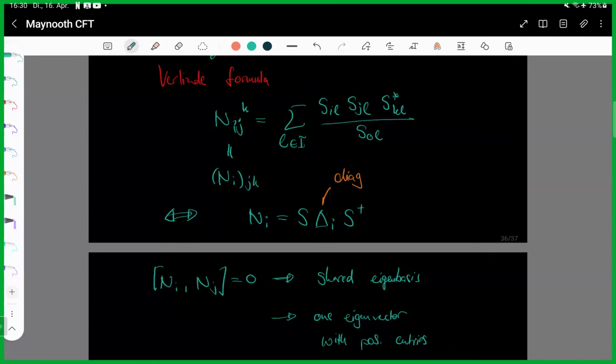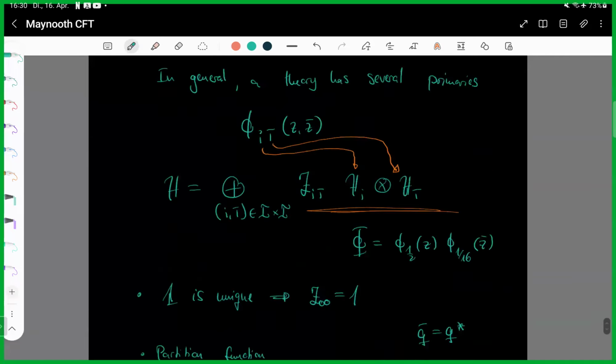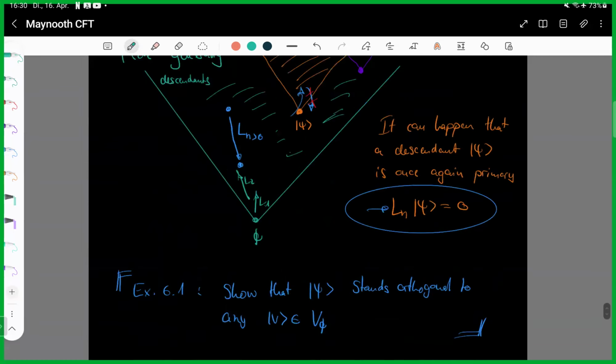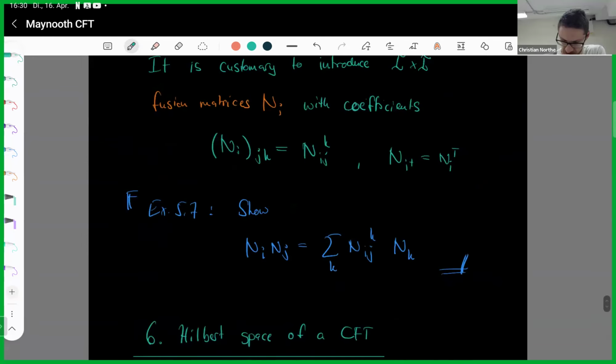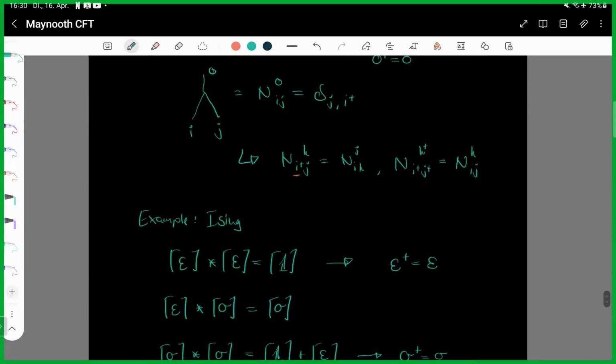May I ask a question? Yes, please. It's not really clear to me the relation between the interaction strength coefficients and the fusion coefficients, except that when one is 0, the other is 0. But apart from that, it's not clear how they are related.